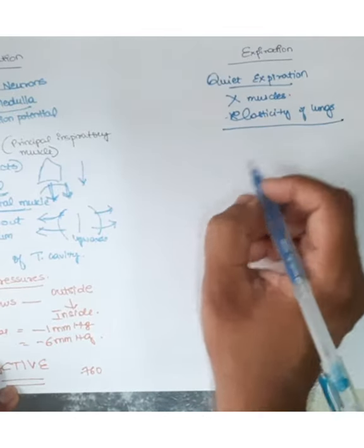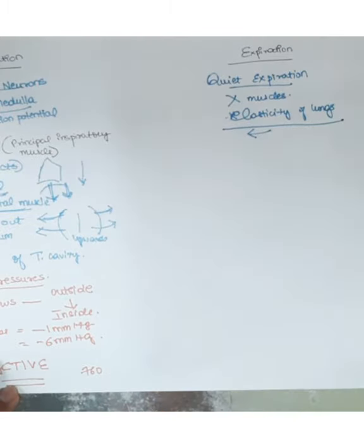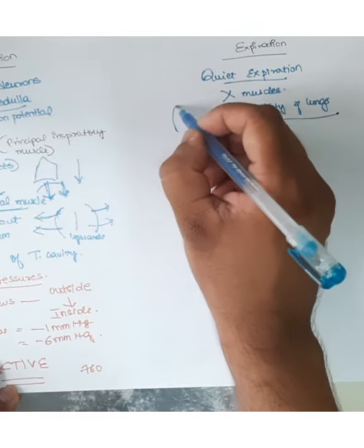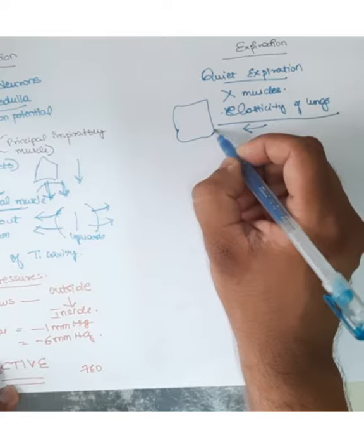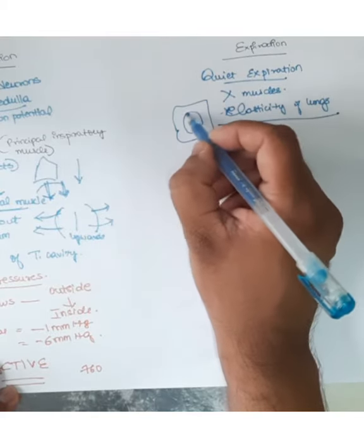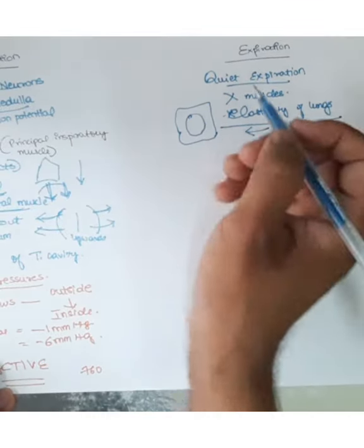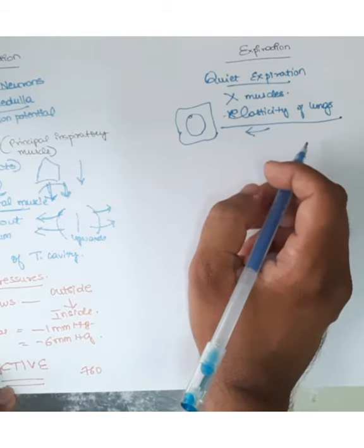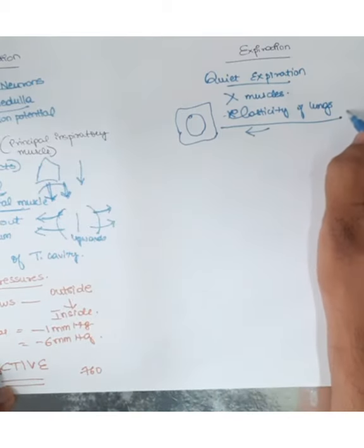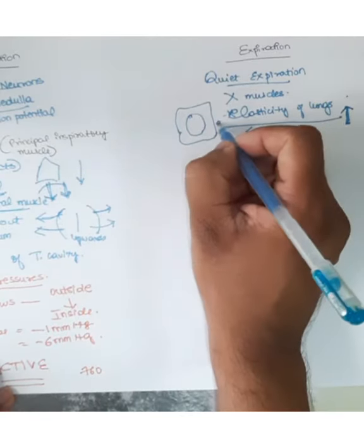The property of the lungs is that they come back to their original position. So now the lungs are inflated, they are enlarged, they want to come back to their original position. When they come back, the airflow will occur from inside to the outside. That is one.